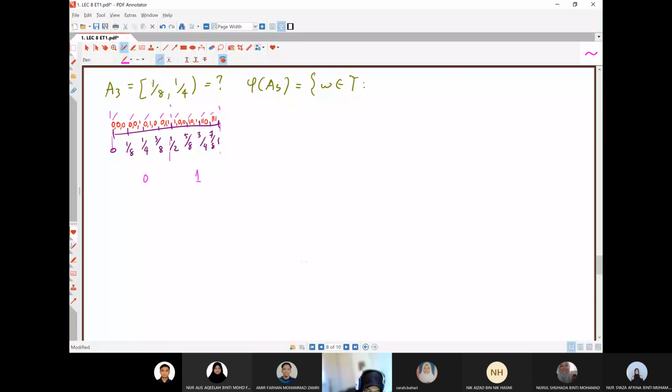Next, kalau divide by 2 lagi, so you will have 0 kat sini, 1 kat sini, 0 kat sini, 1 kat sini. So you will have 0, 0, 1, 1. Okay, lepas tu sini kena 0, 0, 1, 1. Is that okay? 2 kali 0, 2 kali 1, 2 kali 0, 2 kali 1.